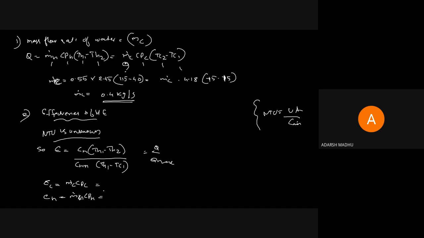Find the value of CC and CH. m dot C CPC is 0.4 into 4.18, and m dot H CPH is 0.55 into 0.45. It is a very simple calculation.